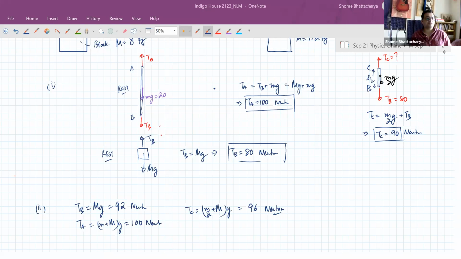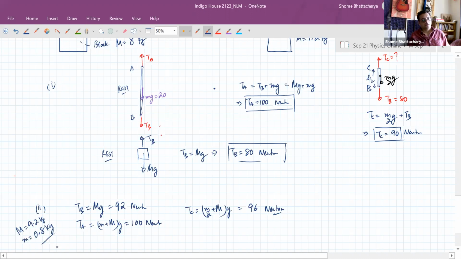The mass of the rope is given to us as 2 kgs. Okay. Acha, in the second example, the mass of the block was 9.2 kg and the mass of the rope was 800 grams or 0.8 kg. Okay. So same FBDs as the above case, but just the values are different.